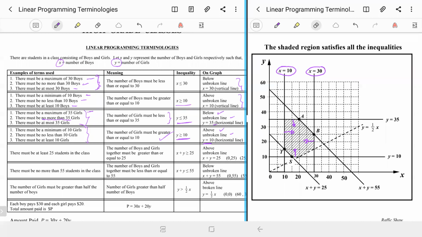In this example, because I'm talking about boys and girls, the one word used to represent them together is students. I have to look out for those words. I remember a question about phones and radios where the word used was devices.